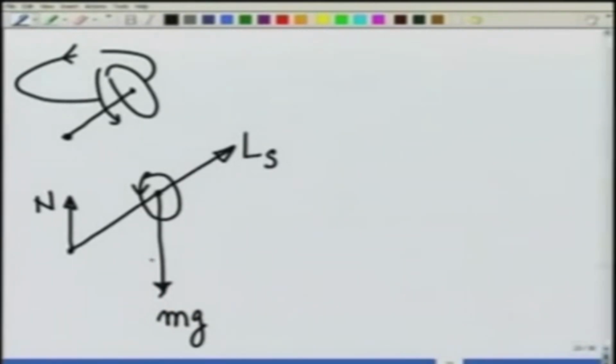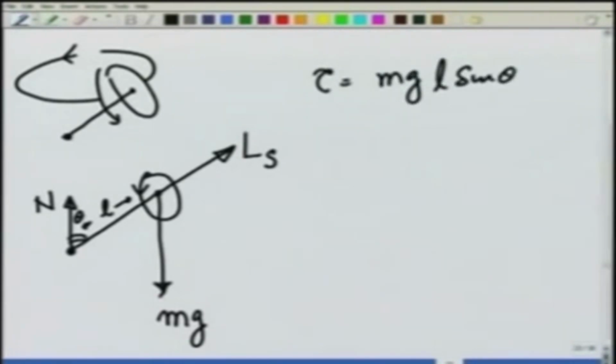What this N and mg together do is provide a torque or a couple which is equal to, suppose this length is L and this angle is theta from the vertical, then the torque provided by them is mg L sin theta. And what about the direction? The way I have shown it right now, the bicycle wheel is like this.